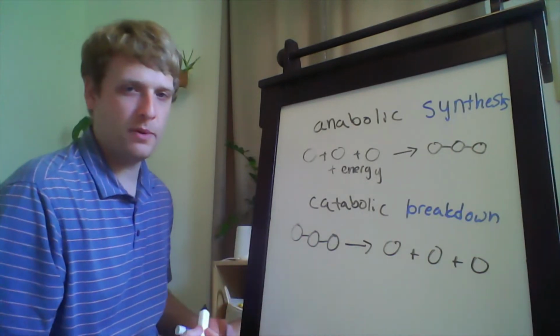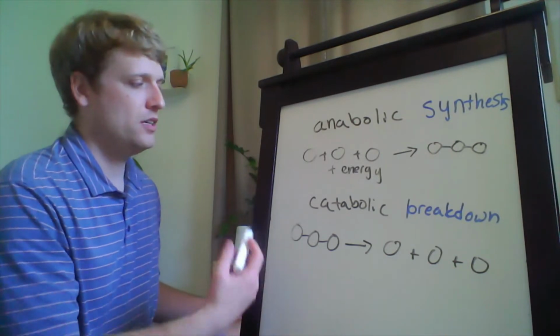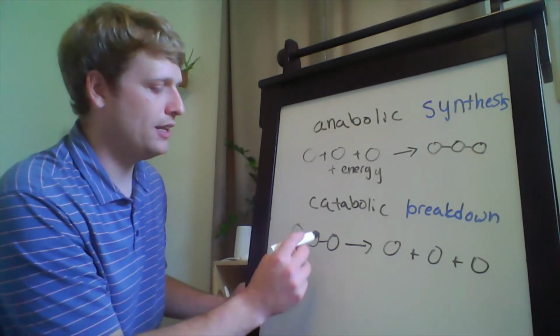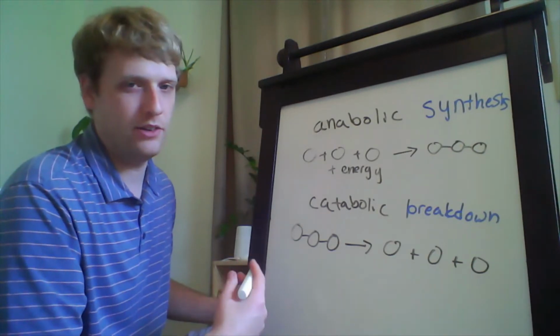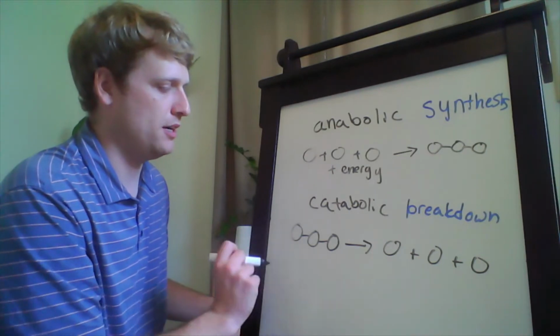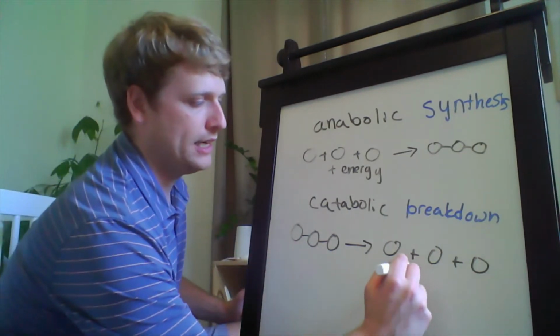So in breaking those bonds, we are releasing stored energy. This is a theme that will continue throughout this lesson: when electrons move around, they release energy. There's energy stored in the covalent bonds between these monomers. When you break those bonds, you release energy.